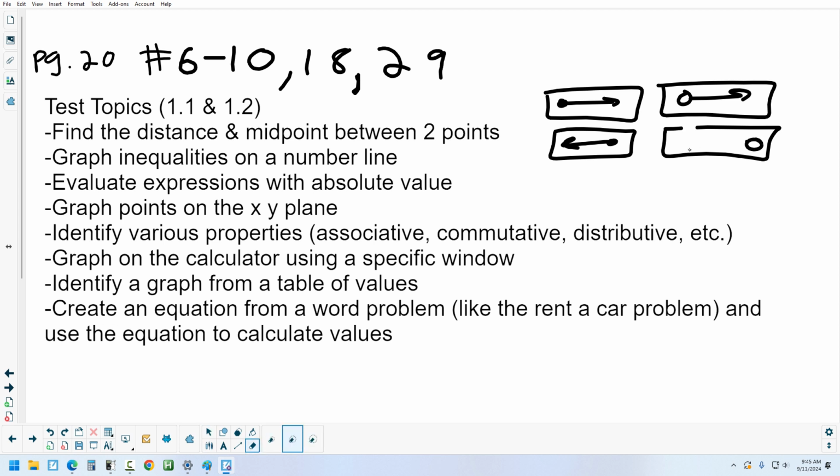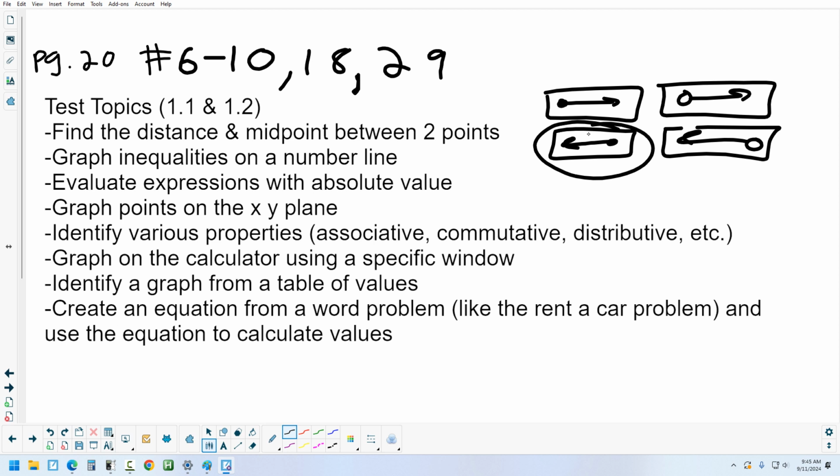So if you want to have, say, a closed circle shaded to the left, you would click this one, and then you click on the number line, and it'll put a closed circle, and it'll put an arrow pointing left. Okay, but I can help you with that on the test, but it just gives you buttons.